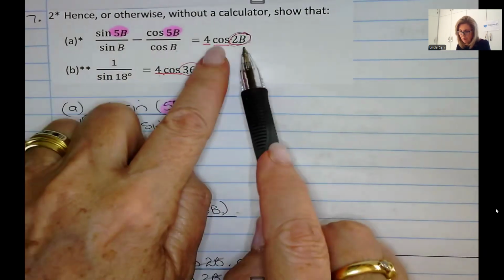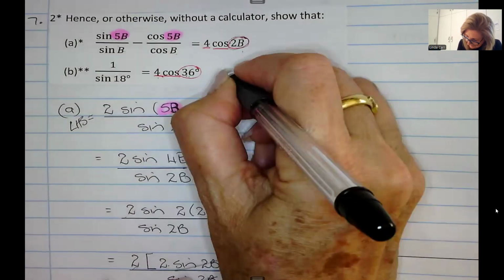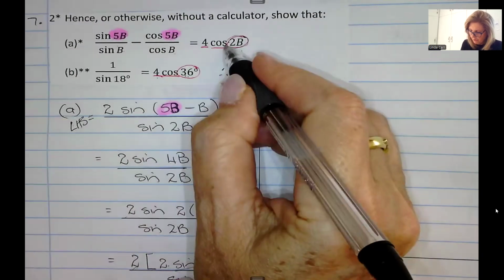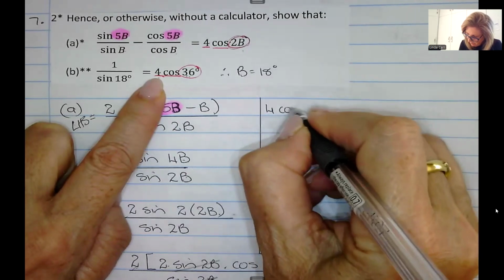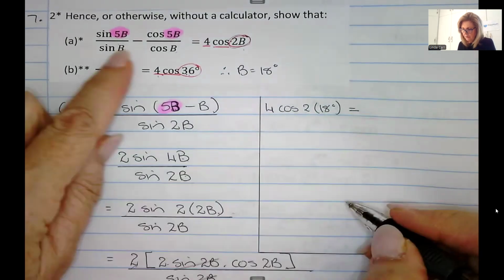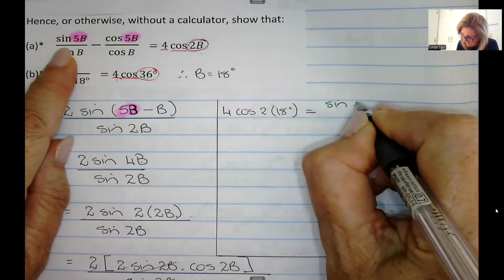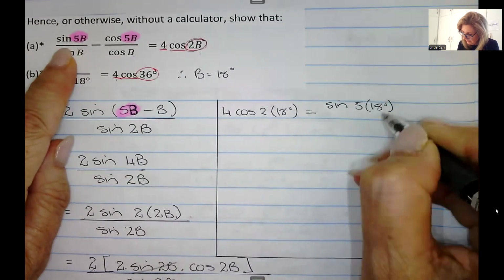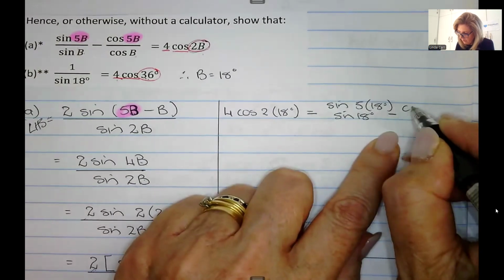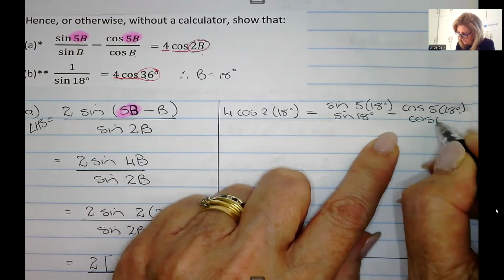So I'm now moving from right to left. So if B is 18 degrees, then I'm going to say that 4 cos double 18, moving to the left-hand side, is going to be sine 5 times 18 over sine 18 minus cos 5 times 18 over cos 18.